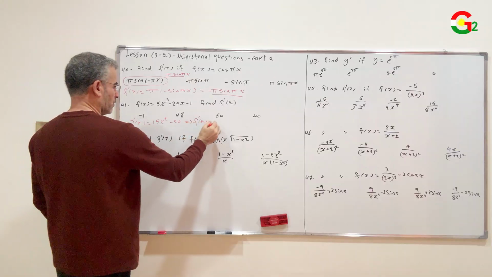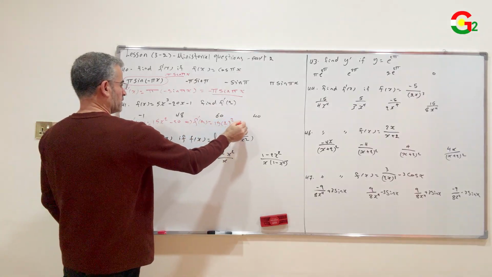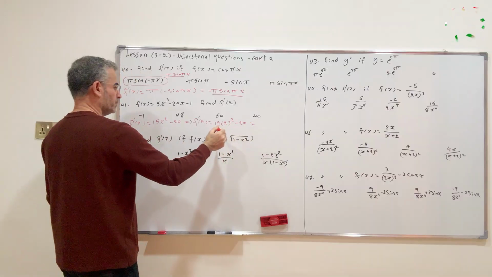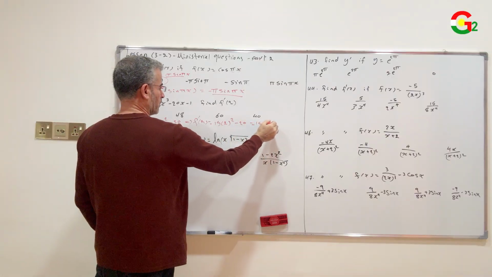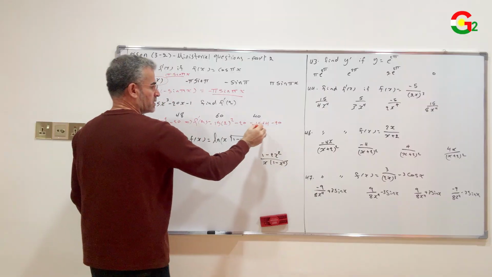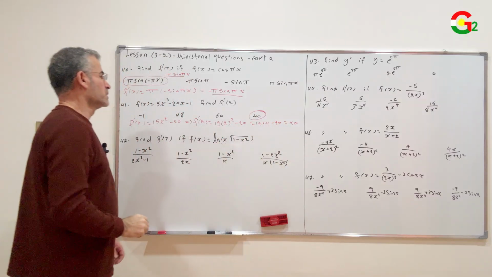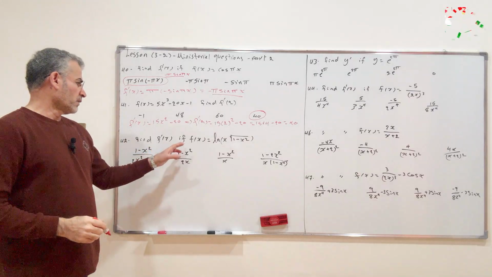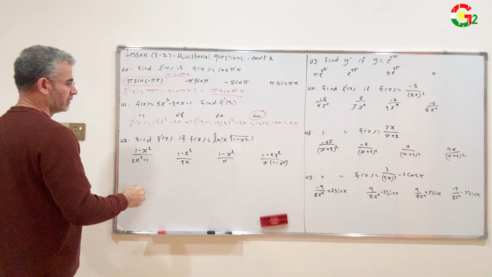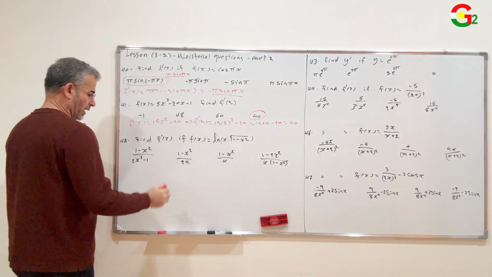Replace every x with 2. 15 times 2 squared minus 20 equals 15 times 4 minus 20, 60 minus 20 equals 40. Choice D. Find f prime of x if f of x equals ln of x square root 1 minus x square.